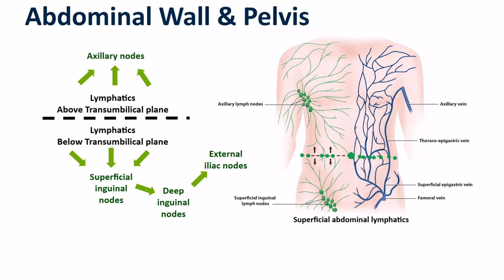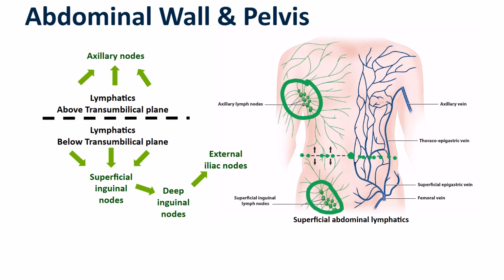And let's harken back to a group of nodes that we talked about in part 1, which were the axillary nodes. And then let's also talk about some of the nodes that we just discussed on the previous slide, those external iliac nodes. Well, superficial to those external iliac nodes are those superficial inguinal lymph nodes. So we've got 2 clusters of nodes here.